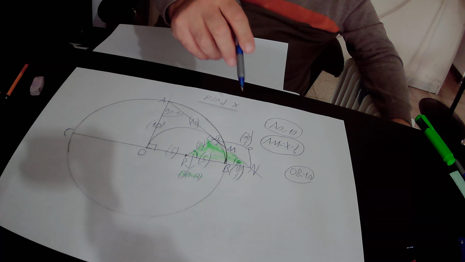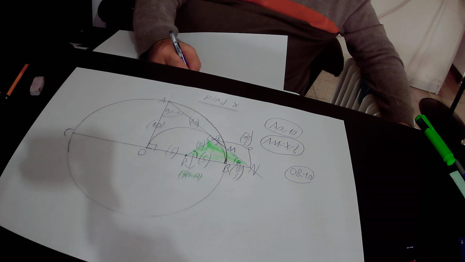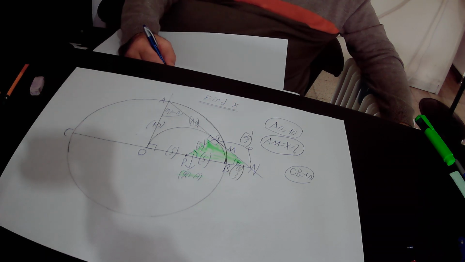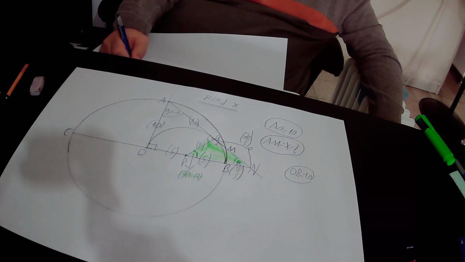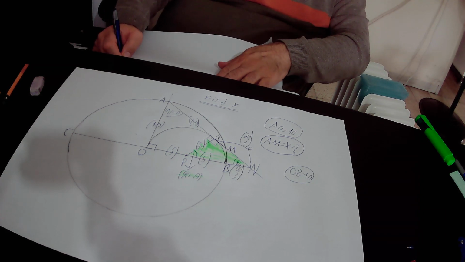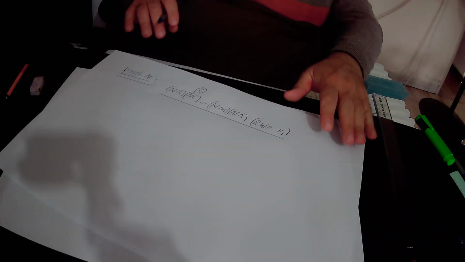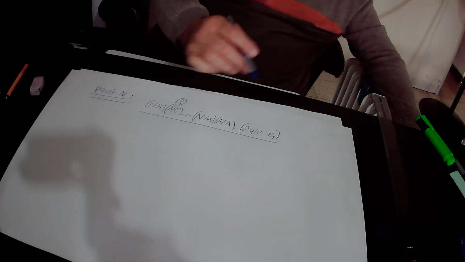According to rule number 14, NB times NC equals NM times NA. Again, according to rule number 14 in our original drawing, NB times NC equals NM times NA.